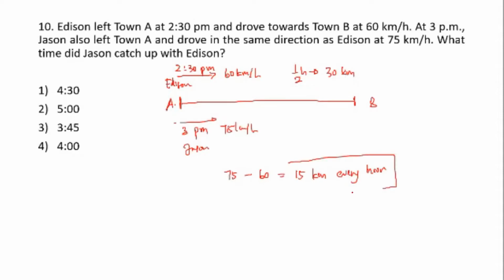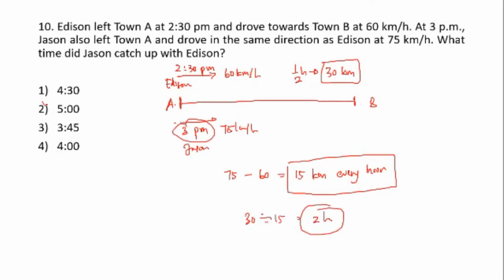Now, Jason had to catch up the 30 kilometers difference. So if every hour he could catch up by 15 kilometers, how many hours would he need to catch up 30 kilometers? So 30 divided by 15, that's equal to 2 hours. That means Jason would be able to catch up in 2 hours after 3 p.m. That's equal to 5 p.m.